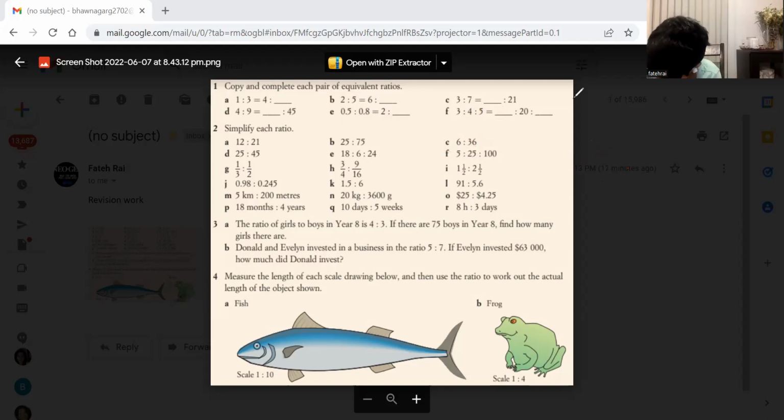25, 50, 45. Okay. 5/9. No. So 25 divided by 5 is 5, and 45 divided by 5 is 9.